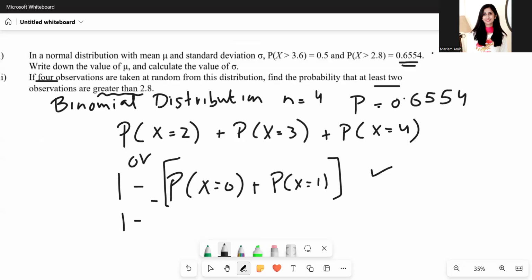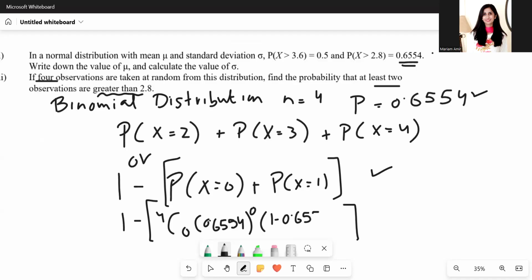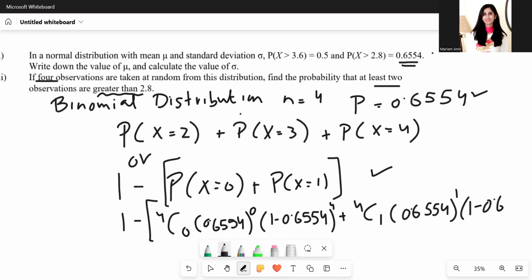So 1 minus, we'll write 4C0, then probability of success, which is 0.6554 power 0, and then probability of failure, which is 1 minus 0.6554 and power 4 minus 0, which is 4, plus 4C1, probability of success power 1, probability of failure power 3.